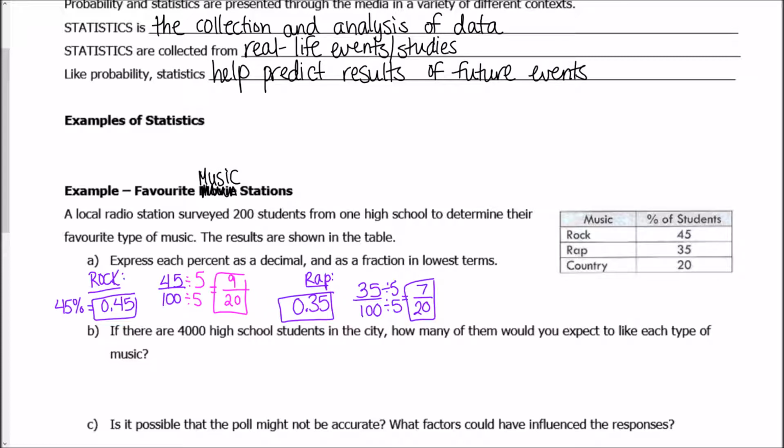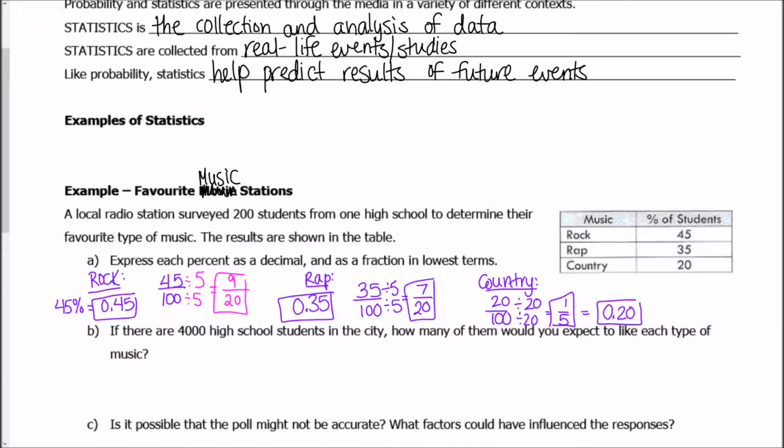Okay? And then lastly, let's do the same thing for country. So for country, we know that 20 out of 100 people like country, so they're both divisible by 20, so I end up getting 1 over 5. And as a decimal, that's equal to 0.20, or you could just say 0.2.